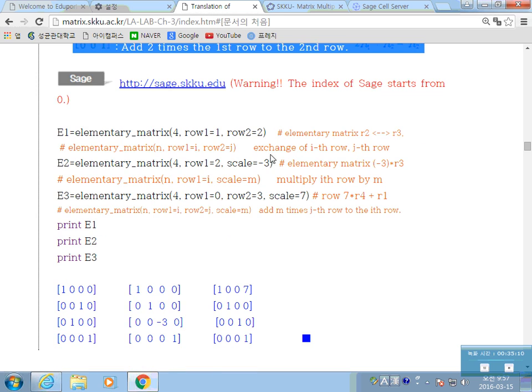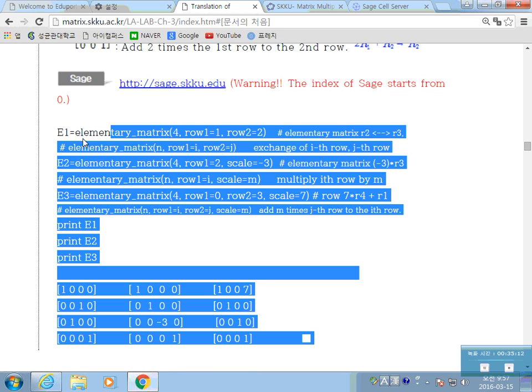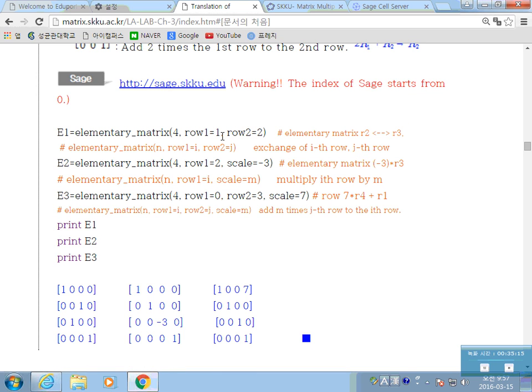For a given identity matrix, if we exchange the second row and third row, then you will have this matrix. If you multiply -3 on the third row, it changes like this.